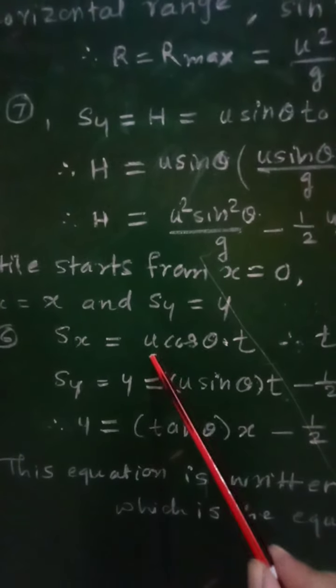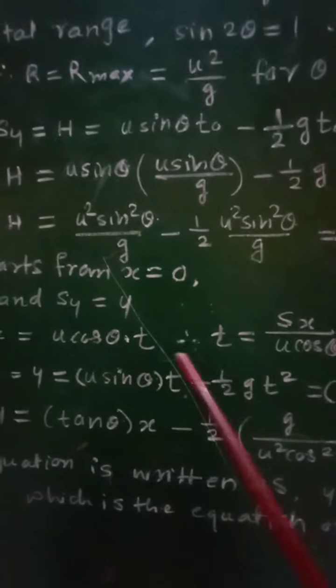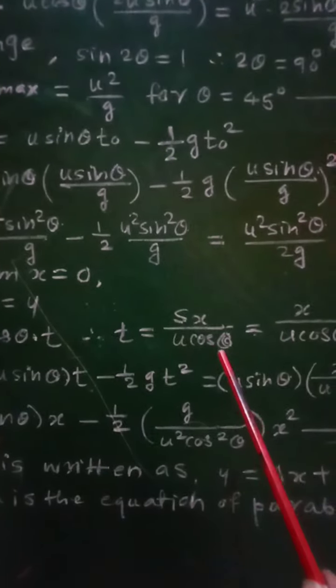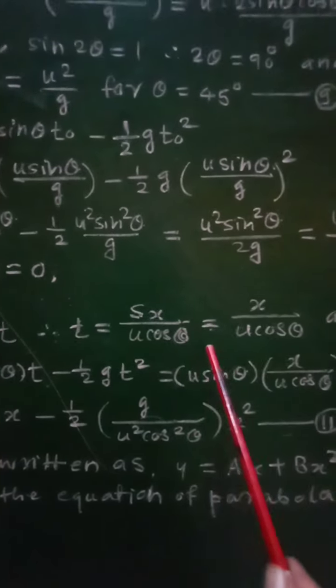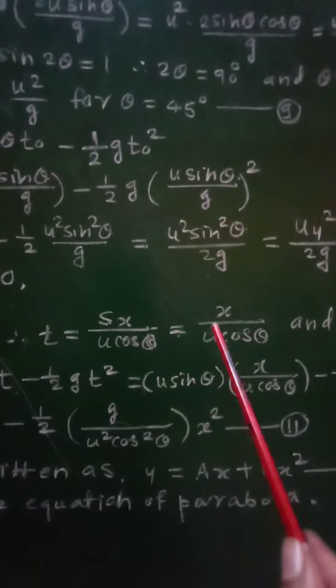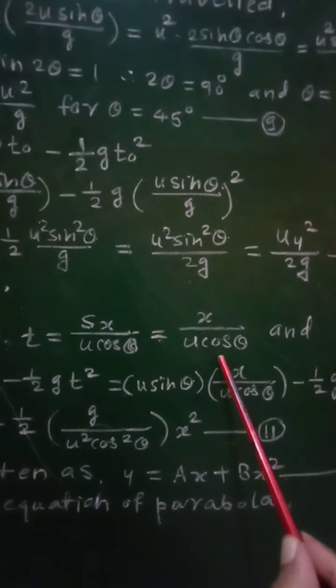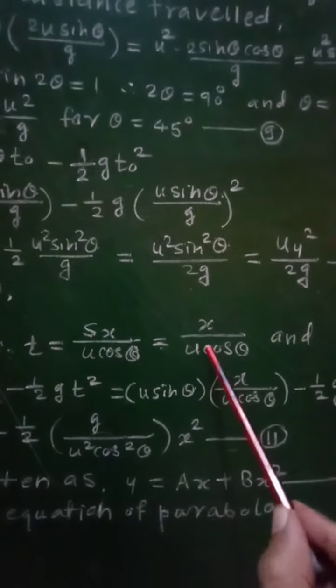Sx equal to u cos theta into t, and therefore from this equation t will be equal to Sx upon u cos theta, that will be equal to x upon u cos theta, because Sx is equal to x.